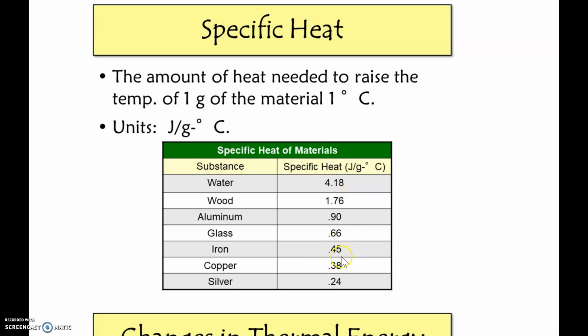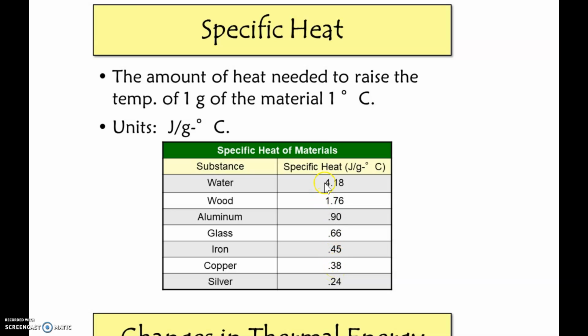If I have an iron skillet on the stove, I want it to get hot really quickly. The specific heat symbol is C. The lower the number for specific heat, the hotter the object is going to get quickly. So a copper pan is going to get hot even more quickly than iron.